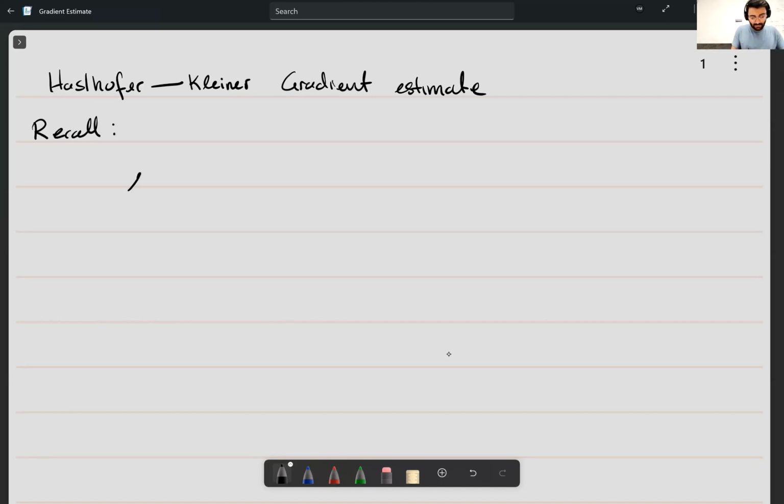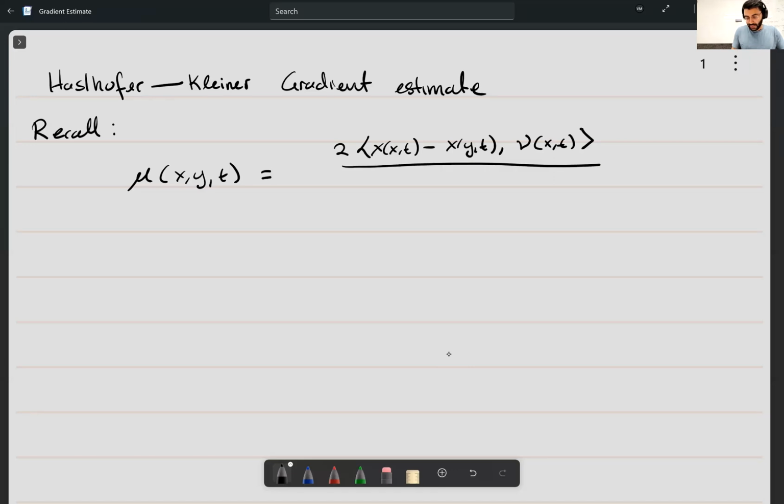So we had this function mu(x, y, t), which was 2 times (X(x,t) minus X(y,t)) dotted with the normal vector at X(x,t), divided by the distance between X(x,t) and X(y,t).